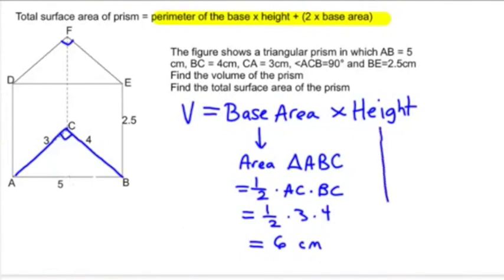And I also know that the height, spelled correctly, is, oh yes, the height is BE, 2.5 centimeters.